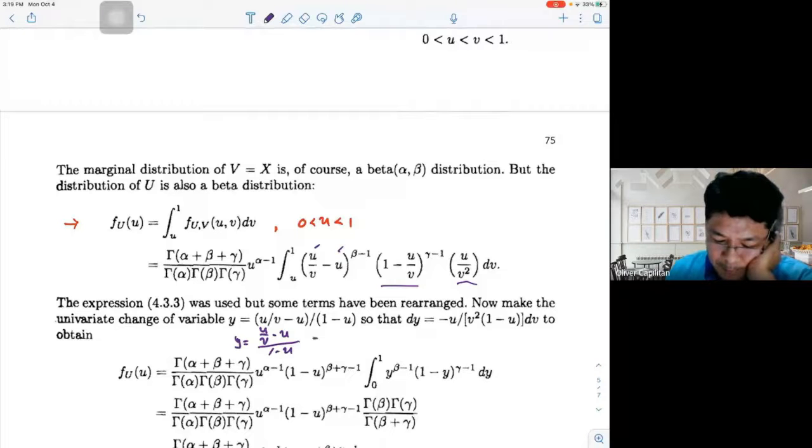Or we have 1 over 1 minus U, and then we have here times U V to the negative 1 minus U.